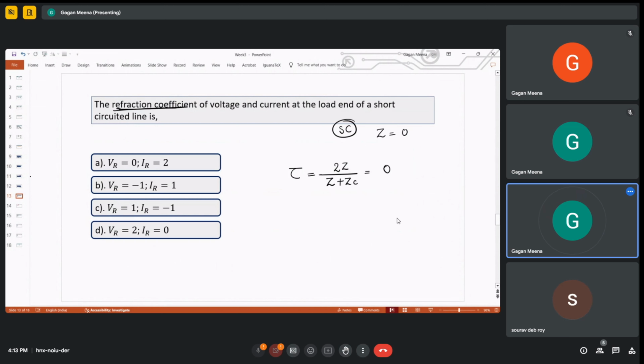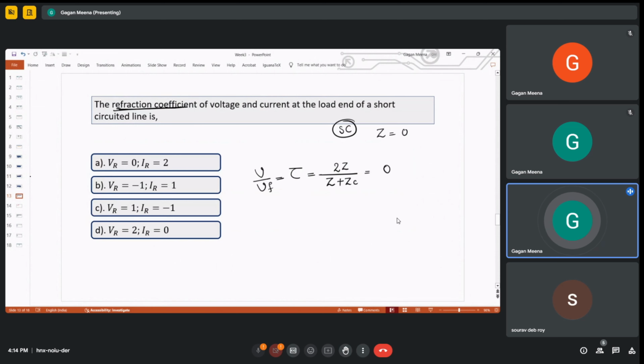So this was the transmission coefficient for voltage, because we said this is V by VF. This tau is equal to 0.